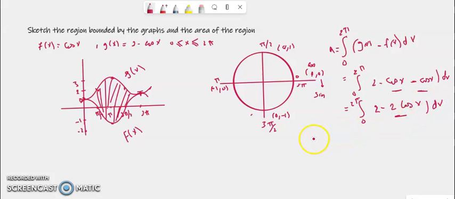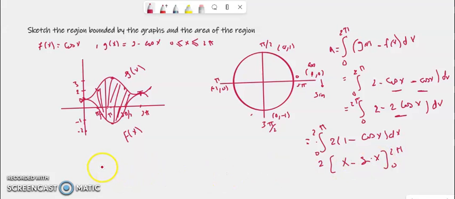Then let's do the integration. Let's take the 2 as a common factor, 1 minus cosine x dx. We can move the 2 out and do the integration. The integration of 1 is x, minus cosine x, the integration of cosine x is sine x, from 0 to 2 pi.